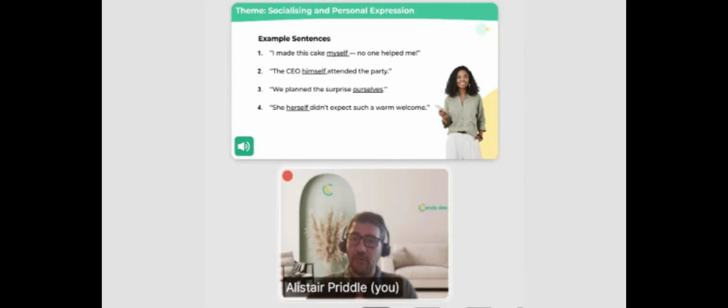And number four as well. She didn't expect such a warm welcome. This is a good sentence. However, she herself didn't expect such a warm welcome. It adds emphasis. So reflexive pronouns for emphasis are optional, but they add extra meaning to our language.